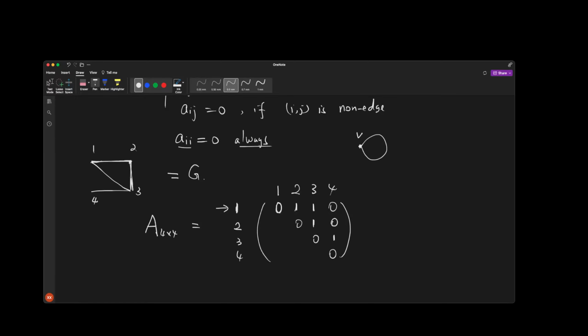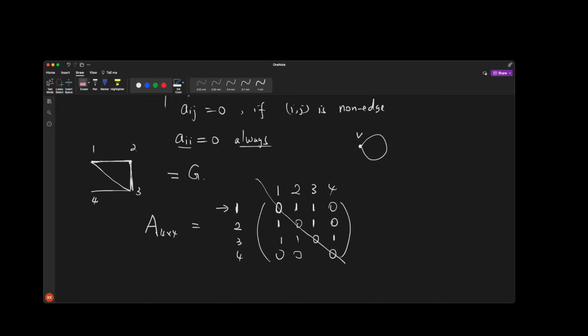One thing that is interesting is that A12 and A21 are the same because they represent that 1, 2 is an edge or 2, 1 is an edge. They are the same thing. So this matrix is what we call a symmetric matrix. If you draw this axis, the whole matrix you can reflect and get the same thing. So what happens is like this: 0, 0, 0.